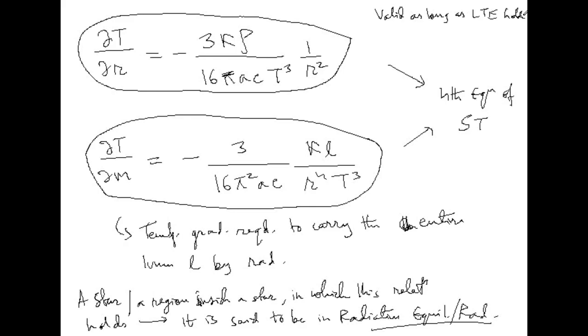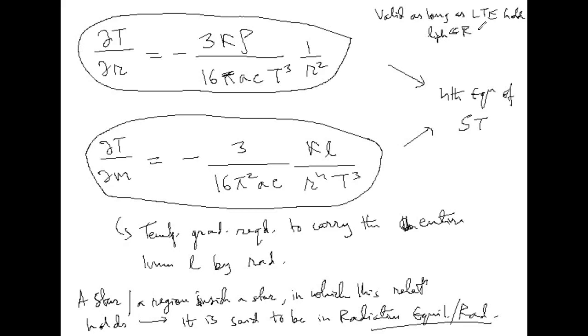Now this breaks down when the stellar surface, that is the photosphere, is approached, because this is where the photons escape, right? So you remember the condition for LTE is basically this, but when we go near the surface, the mean free path for photons becomes greater than the radius r.